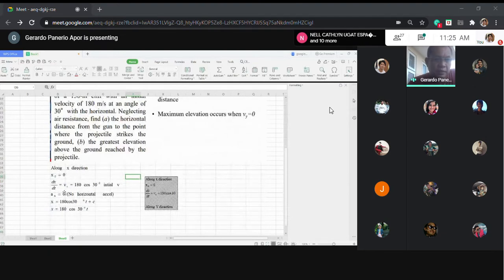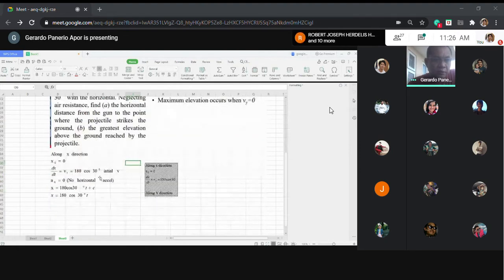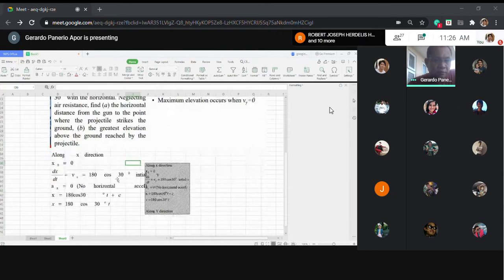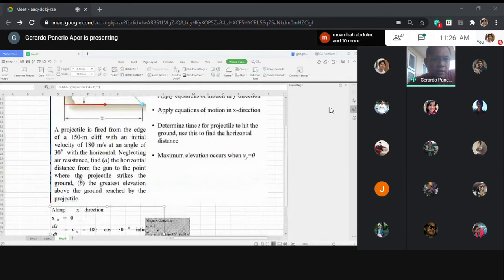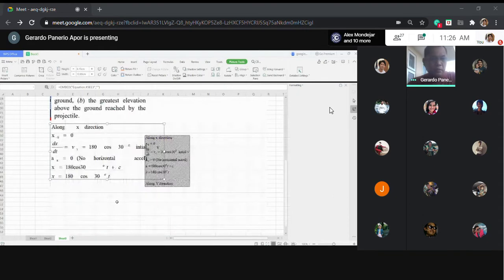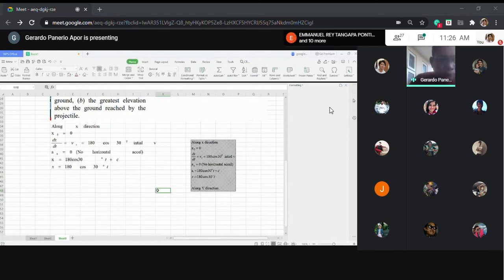And then dx/dt is the horizontal component of this 180, which is 180 cosine of 30 degrees. That's the initial v. Now acceleration is 0 because it is not in the problem that acceleration along x is given. So there's no given, so we can say that there is no acceleration along x. It's just a projectile.